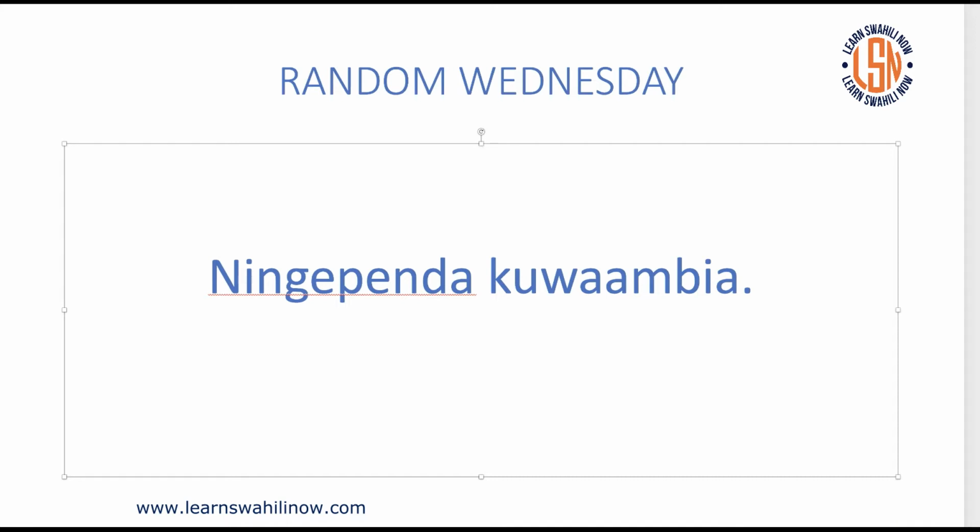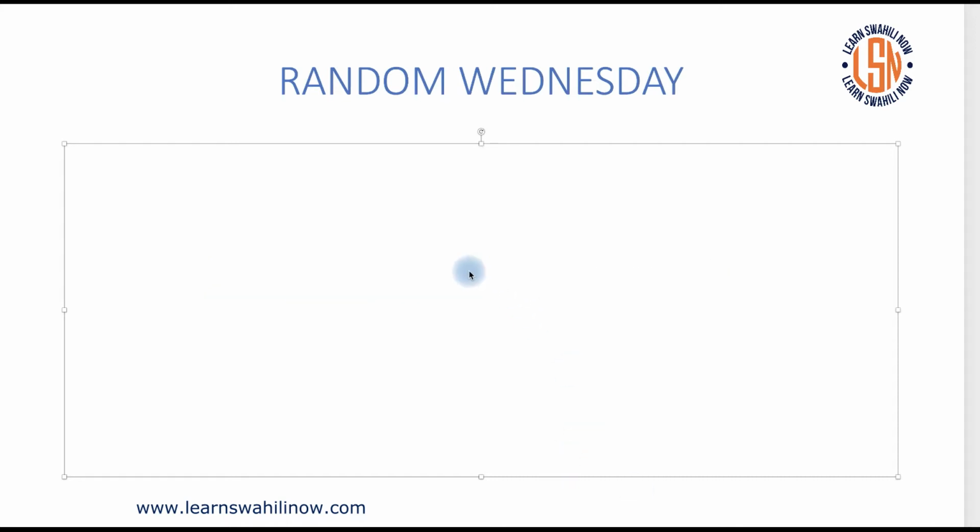Ningependa kuwaambia. But before we move on, I'd like to teach you something. Do you know how to say that? Remember, this is a different that from the demonstrative, because this is what usually happens. People mix that and that for demonstrative, which is different, and that is not what we're looking for right now.